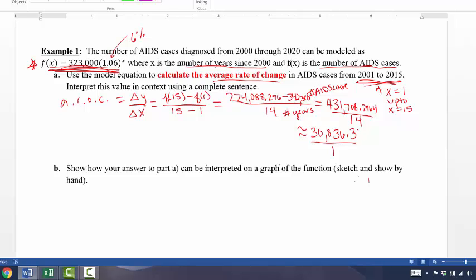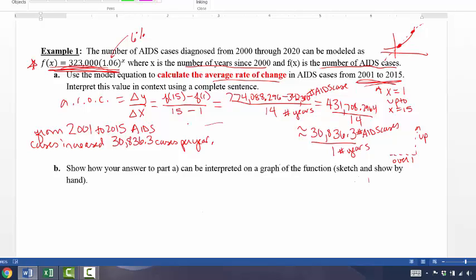And I notice the numerator is the increase in AIDS cases, and the denominator is the increase in years. So we're saying as you go over 1 year, you go up 30,836.3 AIDS cases on average.